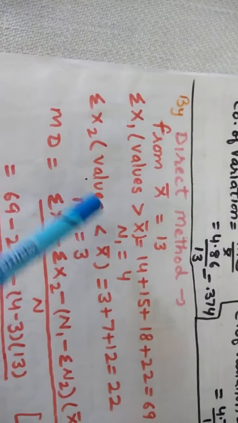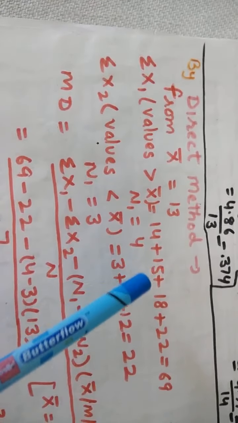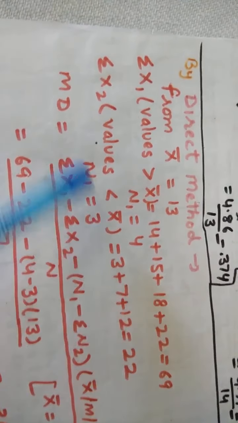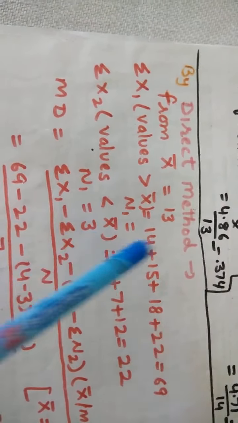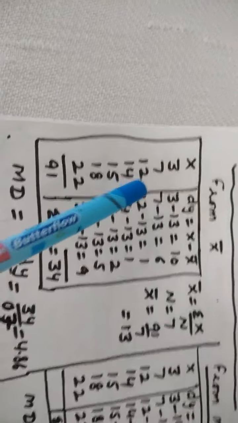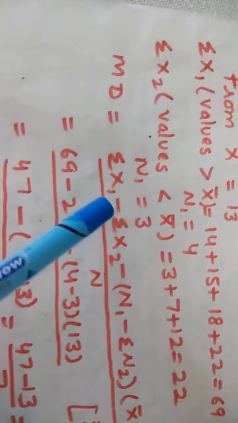These are 4 values, so n1 is 4 and the sum of these 4 values is 69. x2 is values less than the mean. Mean is 13. In this series, values less than 13 are 3, 7, 12. 3 values, so n2 is 3 and the total of these 3 values, 3, 7, 12, is 22.